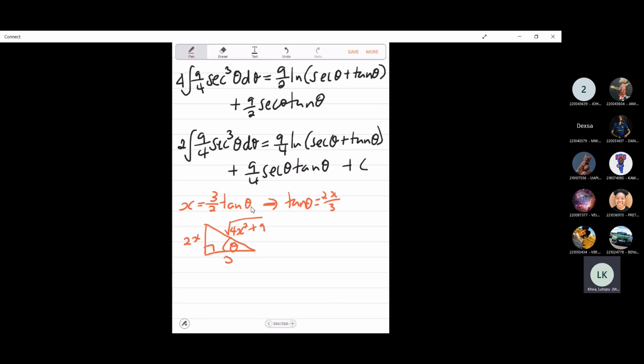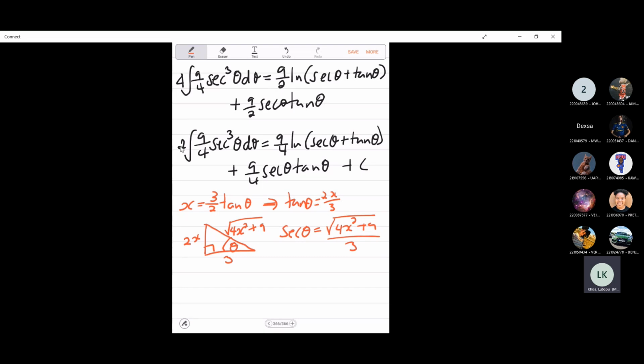Okay, so this is 2. Okay, then now we are ready to substitute. Sec theta is the hypotenuse over the adjacent, like that. And now we substitute over here. So 9/4 sec cubed theta d theta, that is this term here.